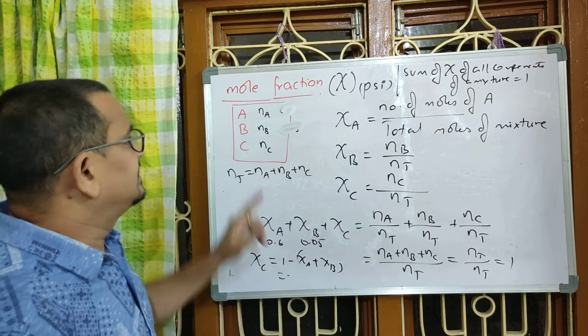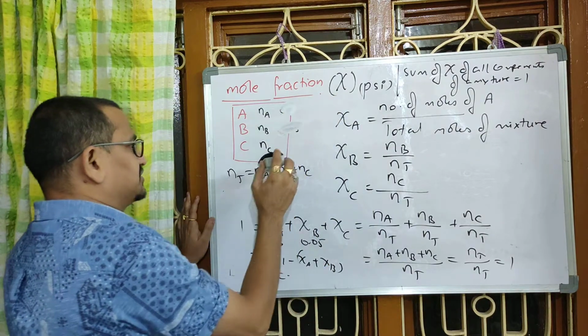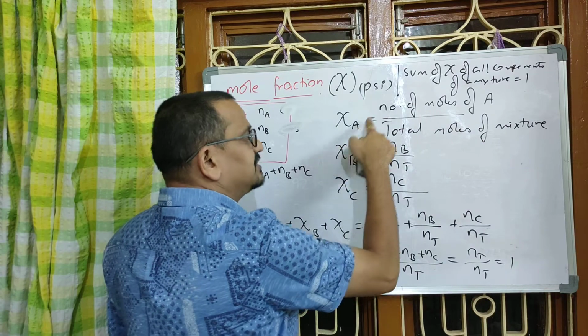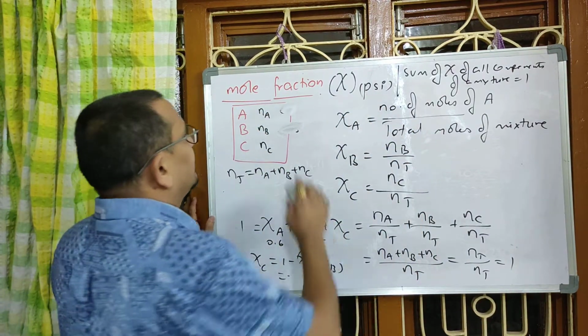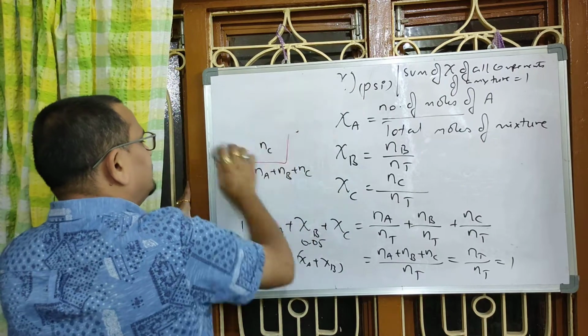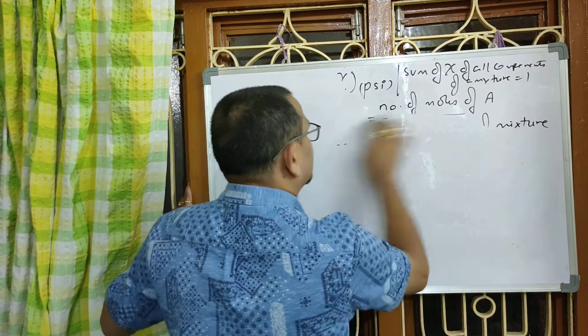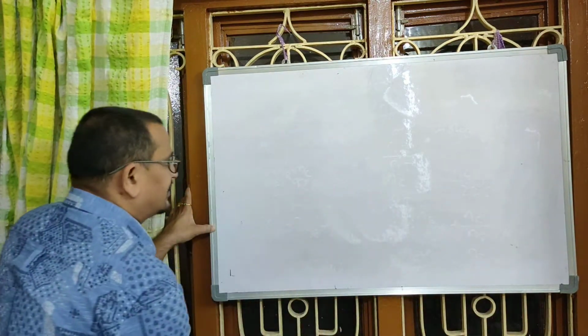Understood? Once again, what is mole fraction? Tell me. The mole fraction of a component of a mixture is the ratio of the number of moles of that component over the total moles of all components of the mixture. Right? Now we may be asked questions on mole fraction also.